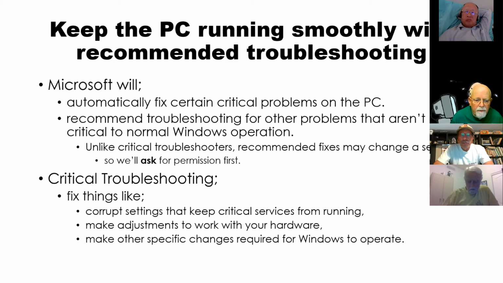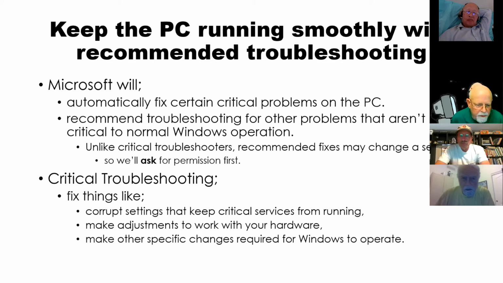Now, Microsoft will automatically fix any critical problems. The problem is when they say we'll fix any critical problems, and you say to Microsoft, what do you consider a critical problem? They get the standard answer: something that doesn't allow you to run the operating system. That's a critical problem. And sometimes when they are troubleshooting, if they have to make a fix or change a setting, they're going to have a pop-up that you're going to answer to.